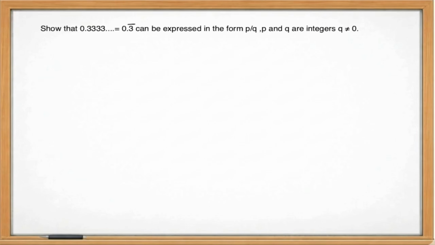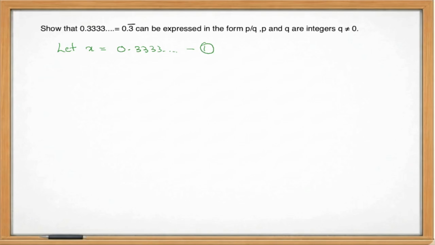Show that 0.3333 etc. is equal to 0.3 bar can be expressed in the form P by Q, where P and Q are integers and Q not equal to 0. Since we don't know what 0.3 bar is, let us call it x. So we can write, let x is equal to 0.3333 etc. and let this be equation number 1.